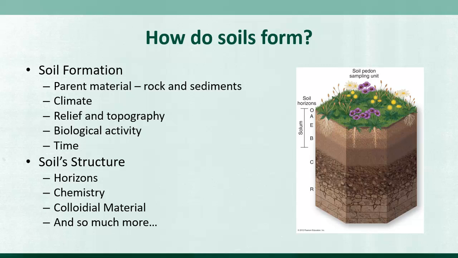I'll talk a little bit about those layers, but you should just know that that's an important part of soil science, as is the chemistry of the soil that can dramatically change depending on climate conditions or the parent material. Chemistry plays a really big role in what can grow and how things can grow. In addition, colloidal material, which are small particles that are suspended in the soil, are also very important to what can grow. And we'll talk a little bit about that as we proceed. There's a lot more. In fact, we could dedicate a whole course to soils, but obviously we just have a few minutes to do the introductory material.